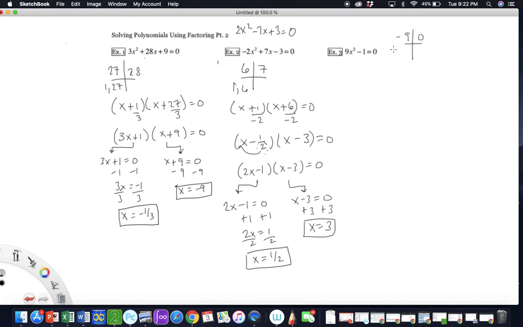Well, in this case, that would be 3 and -3, and I'm going to put those as 2 binomials, equaling 0, of course. And then we're going to divide by a, simplify.